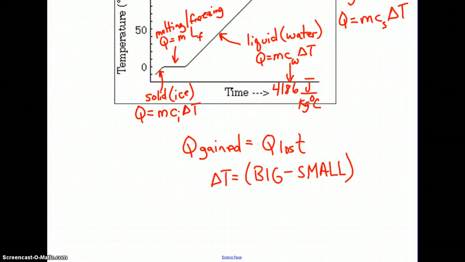So when doing a heat gain equals heat lost calculation, you put the larger temperature first and subtract the smaller temperature. If you want to consider that an absolute value of the temperature change, you can think of it that way. That'll do it for our lesson on calorimetry. On the horizon, more practice with doing some calorimetry calculations.